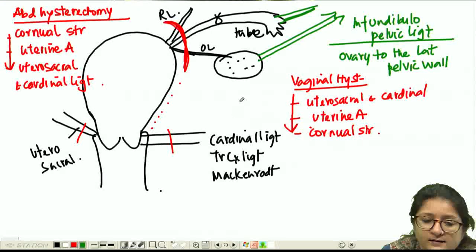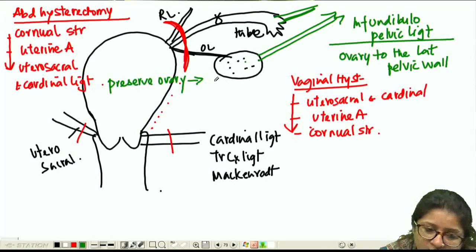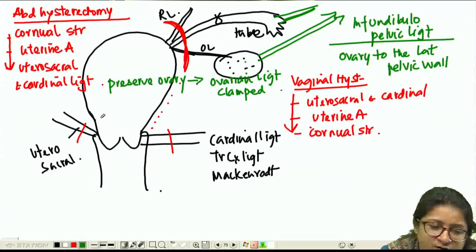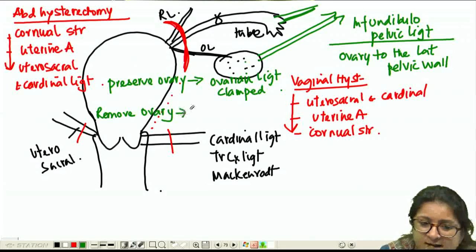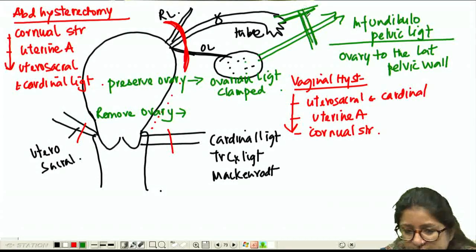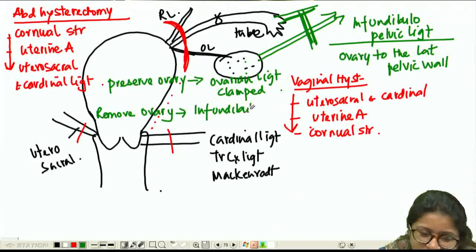Another very important point: when you have to preserve the ovary, when we have to keep the ovary inside the abdomen, the clamp is applied on the ovarian ligament. And when we have to remove the ovary, that means we have to do an oophorectomy, then the infundibulopelvic ligament is clamped.